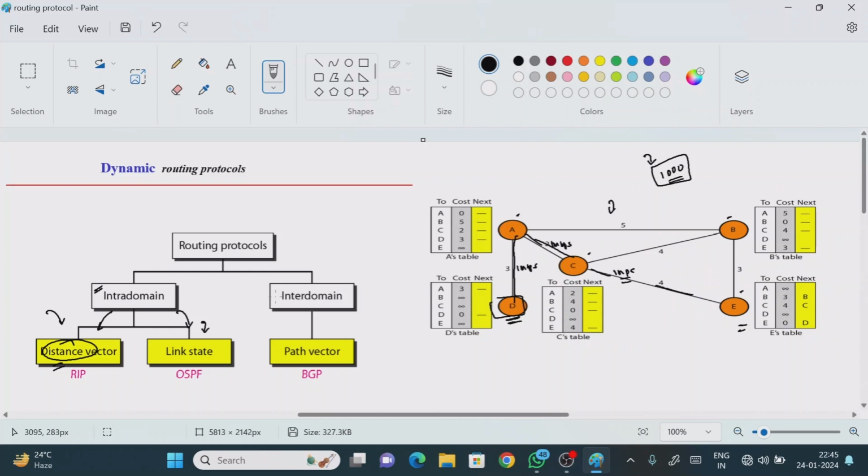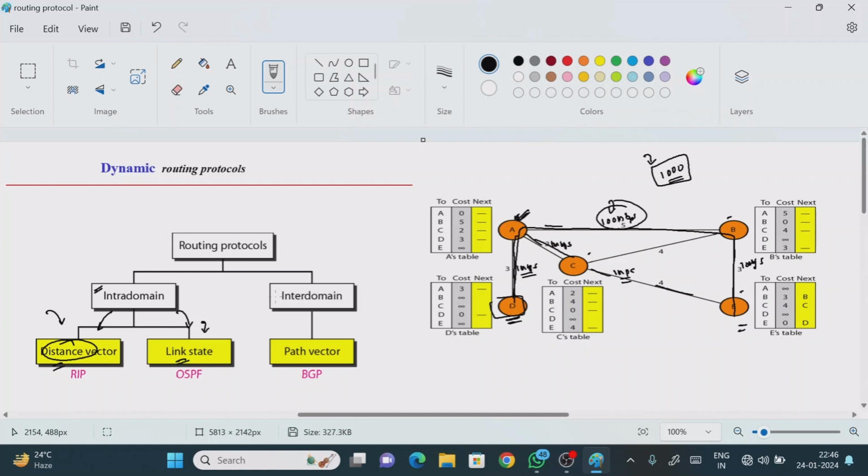Now suppose the other link is 100 Mbps speed. Even though as per distance it is long, as per link speed this link will have the highest capability. It means the shortest path will be decided based on the link efficiency.